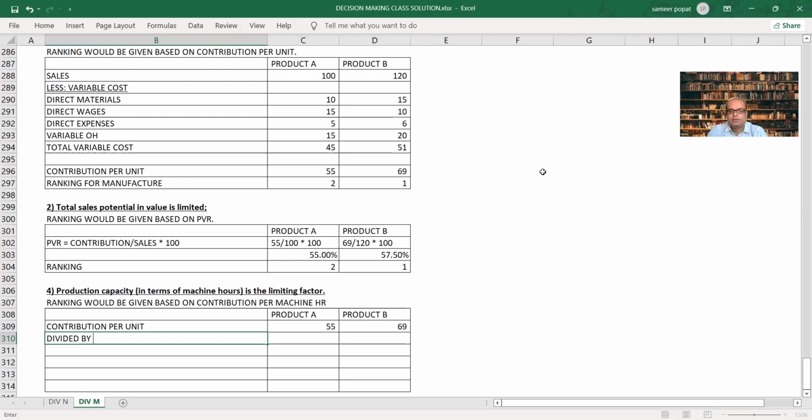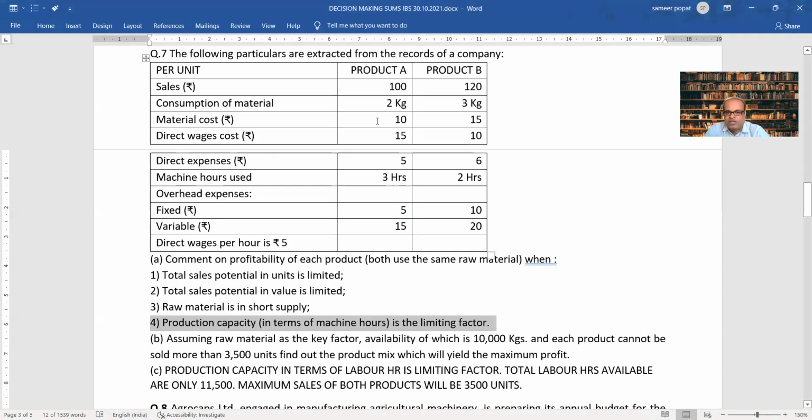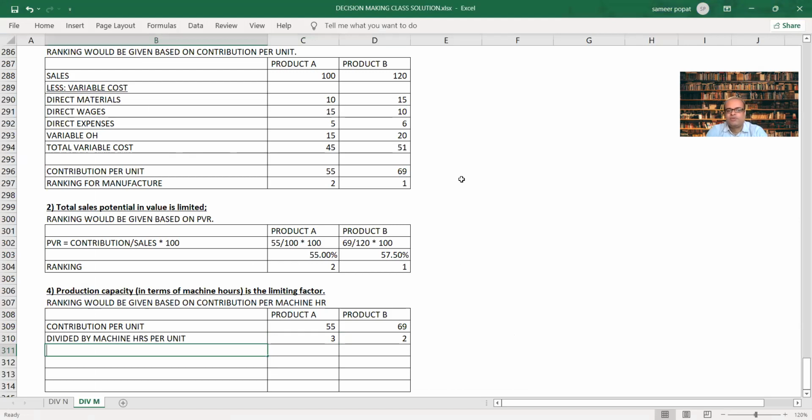Divided by machine hours per unit. Here it is given that to manufacture 1 unit of A, we require in machine 3 hours. And for B, we require 2 hours. Okay, that is given here. Machine hours used. 3 hours for A, 2 hours for B. So we'll get contribution per machine hour.